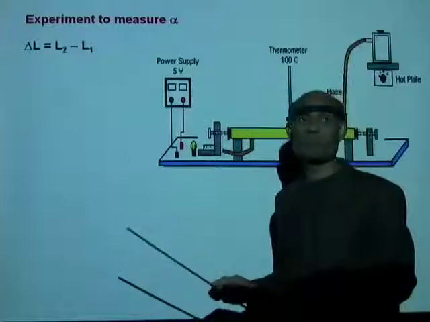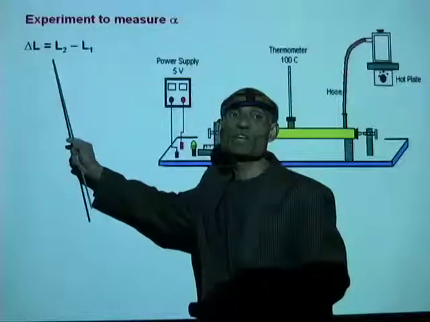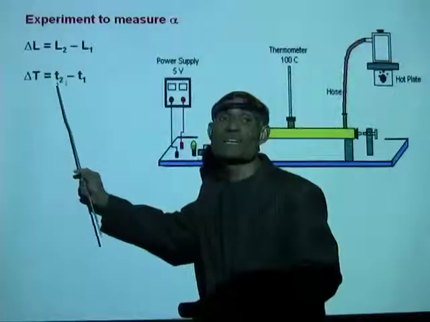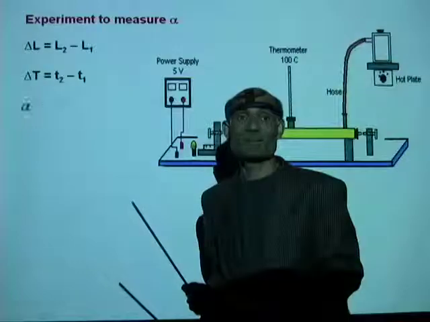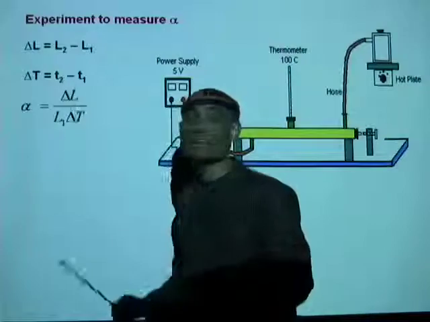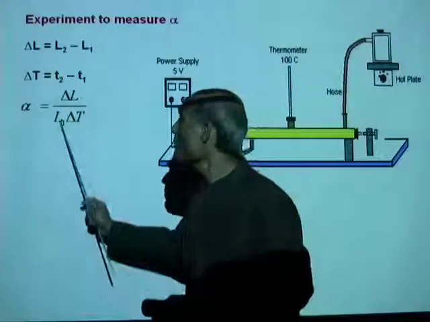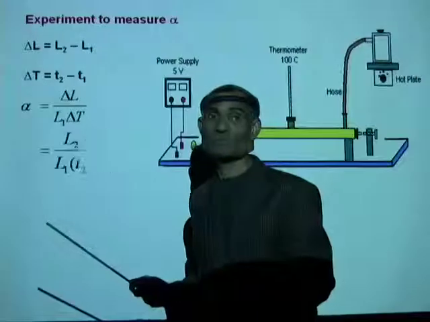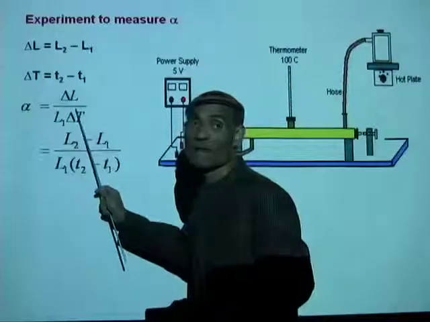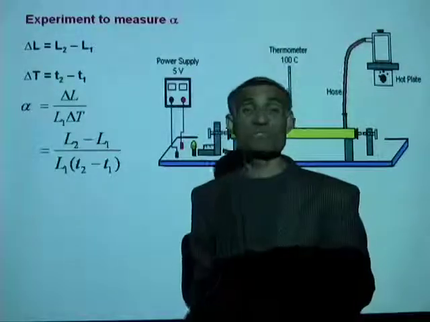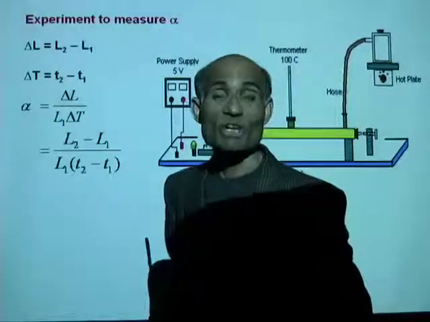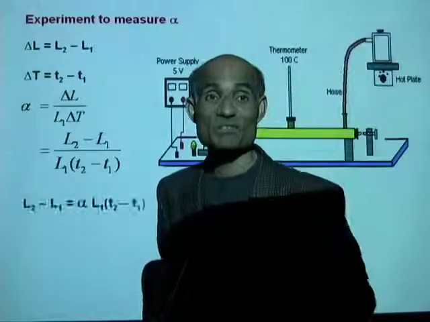And once you have those measurements, we have delta L equal to L2 minus L1 and delta T equal to T2 minus T1, and that will be enough for us to make our calculation. Alpha equal to delta L divided by L1 delta T, where delta L is L2 minus L1 and delta T is T2 minus T1, and this will give you a measure of the coefficient of linear expansion.